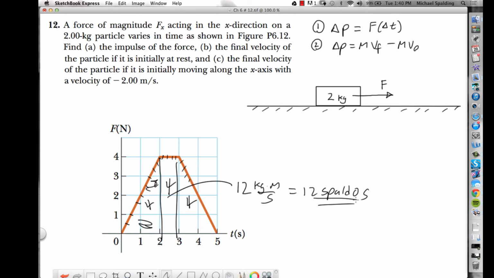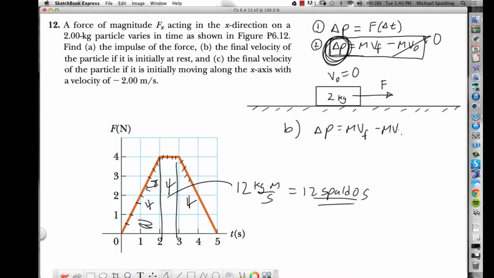Now, question B. What's the final velocity of the particle if it's initially at rest? So if this block starts here at rest, we're using this second equation here. We know the change of momentum is 12, and v initial is 0. Change of momentum is m v final minus m v initial, just momentum final minus momentum initial.